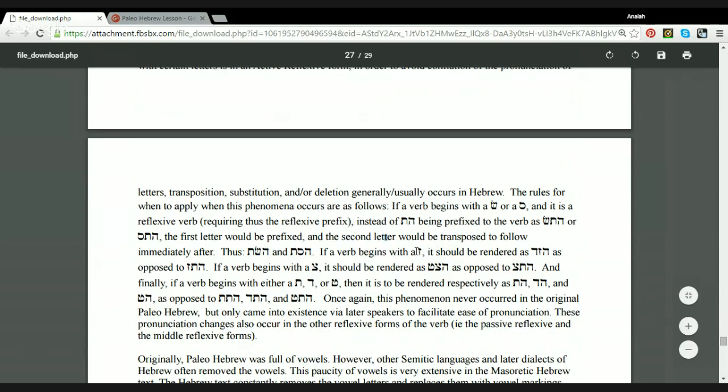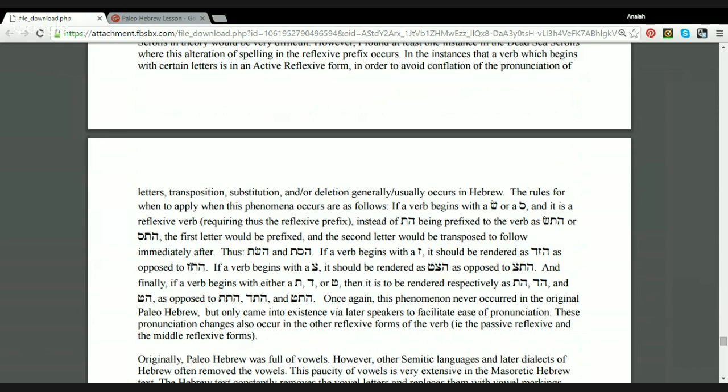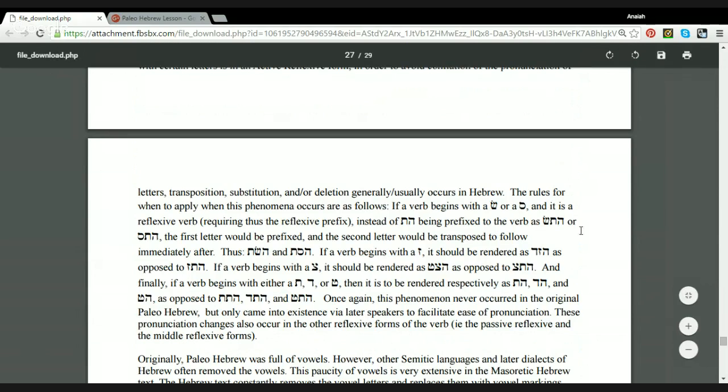Not the same thing, but with Zion right here. Instead of etz for reflexive, like remember, the verb remember is zakar. So remember yourself. Instead of saying et zakar, you would say ezdakar with the D dot.